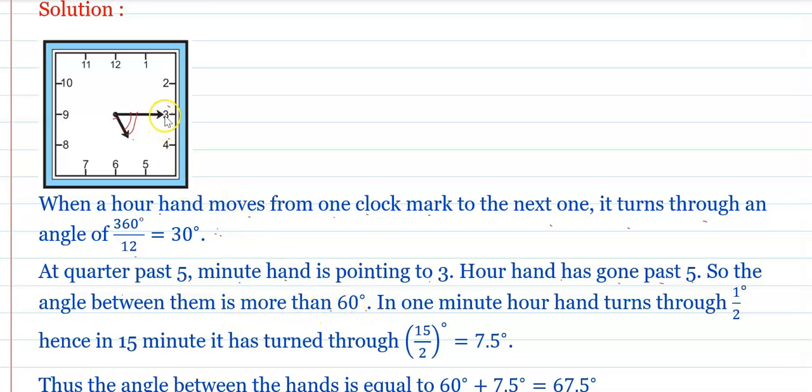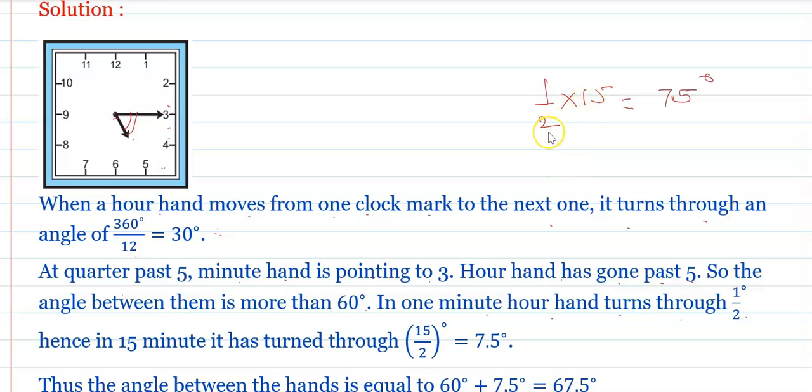Suppose now the minute hand is at 3, and the hour hand has gone past 5. The distance between them, 30 and 30, makes 60. But if it is 15 minutes past, then the hour hand will also have gone beyond 5. How much will it have gone? Okay, that we will find out. In 1 minute, the hour hand turns through 1 upon 2 degree, and therefore in 15 minutes it will cover 1 upon 2 into 15, and that equals 7.5 degree.